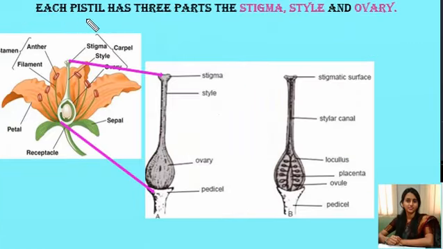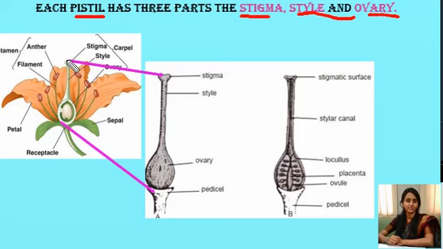Now let us discuss the structure of the pistil. Each pistil has three parts: stigma, style and ovary. Look at this. This is the flower, and this is the calyx, sepals fused to form the calyx, and these are petals which form the corolla, and these are stamens.